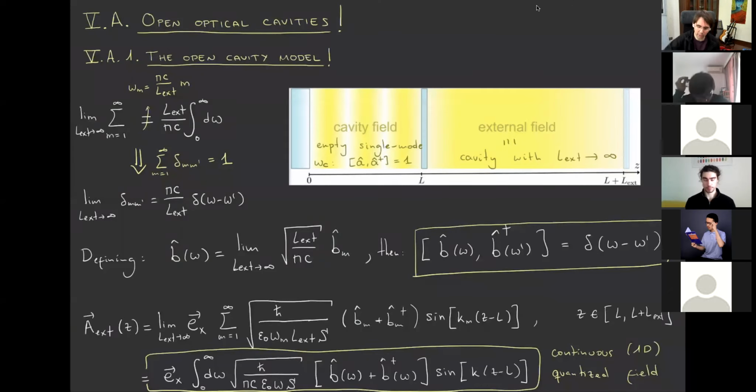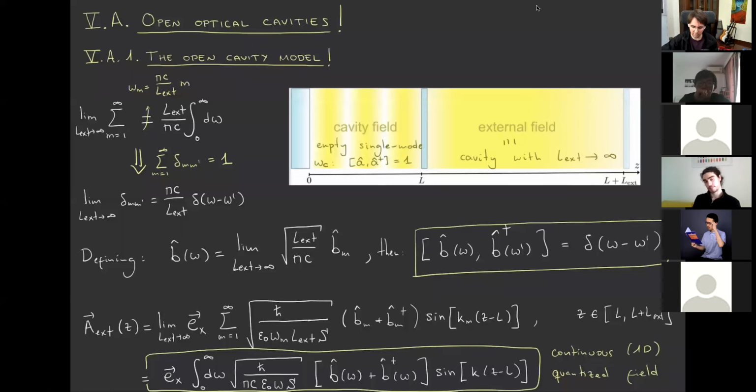And there is one important thing in here. So B of omega, it's important that you understand that this omega doesn't refer to a Fourier transform of anything. This label omega is just a label that characterizes what is the frequency of the field outside the cavity, or what is the frequency of the modes outside the cavity. It's not related to the Fourier transform of some time-dependent function, okay?